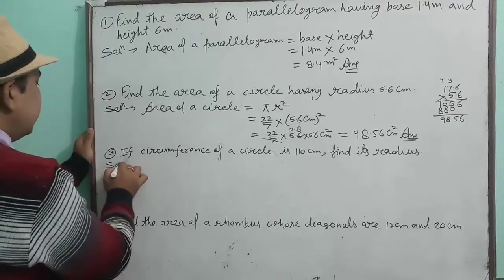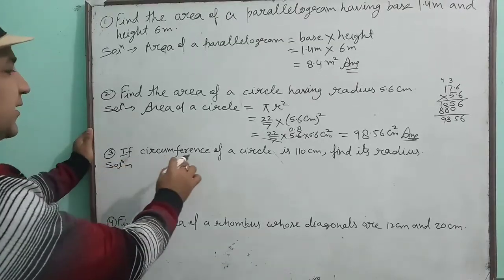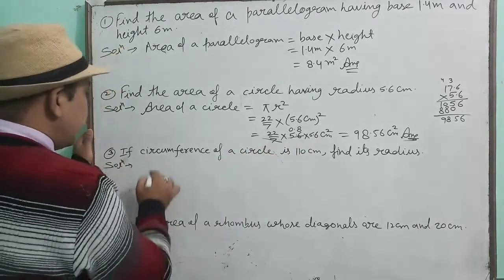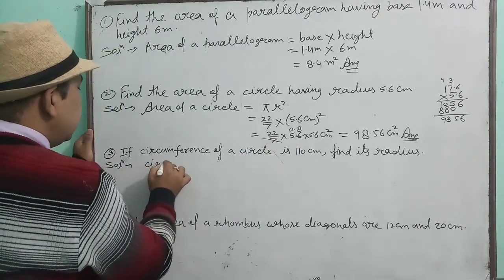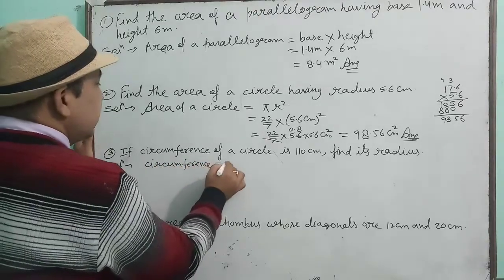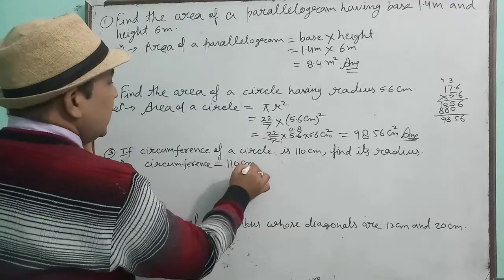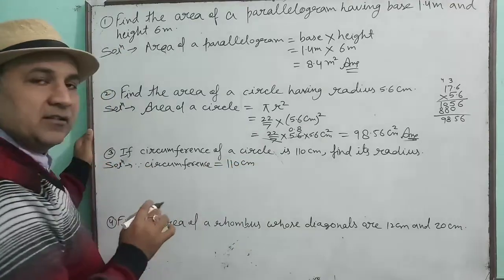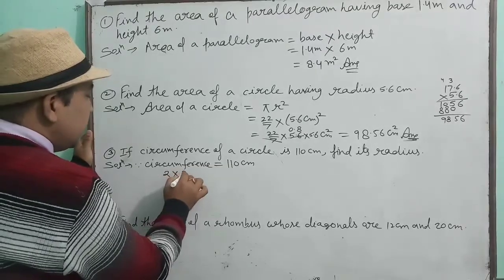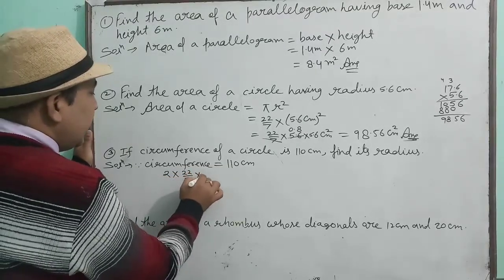See the question number 3. If circumference of a circle is 110 centimeter, find its radius. Here circumference is equal to 110 centimeter. This is given. We know that circumference means 2 pi r.